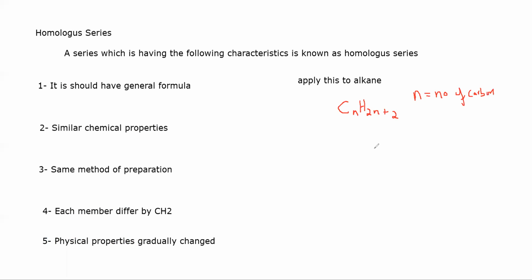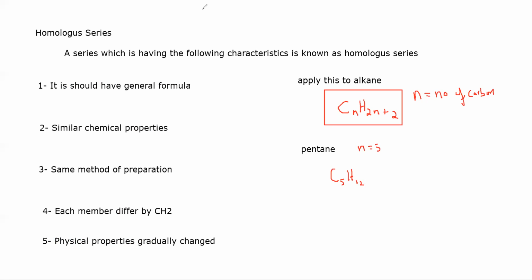So using this formula, I can find any alkane. If I say, what is the formula for pentane? How can you find the value of n? Pentane means pent means 5 carbon. So the value of n is equal to 5. What will be the formula? It will be C5H12.